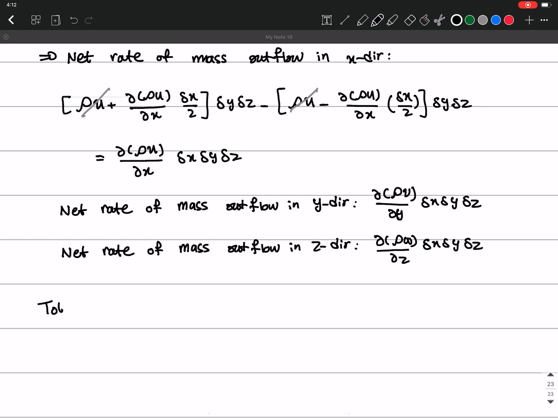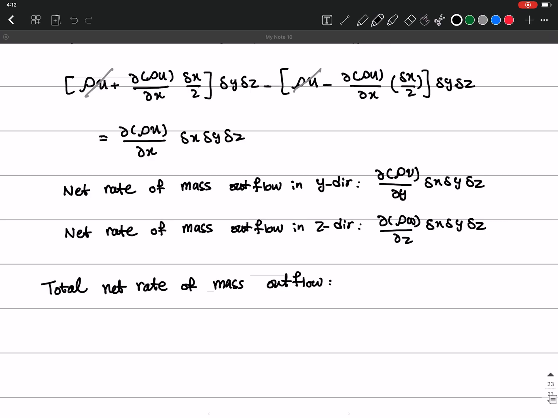And so total net rate of mass outflow is going to be partial rho u over partial x plus partial rho v over partial y plus partial rho w over partial z times delta x, delta y, delta z.